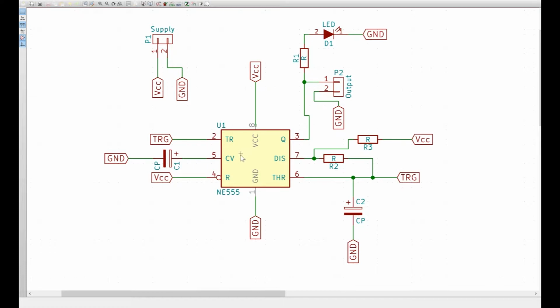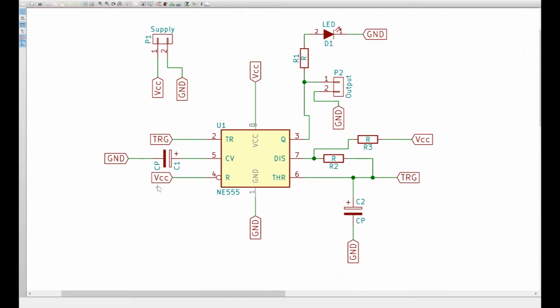We again have the pin 5 of the 555 timer grounded with a capacitor for noise filtering. We again have the same pin 1 and pin 8 used for power supplies. Again, like the monostable mode, we have the reset pin on VCC because we would not be doing the reset thing over here.